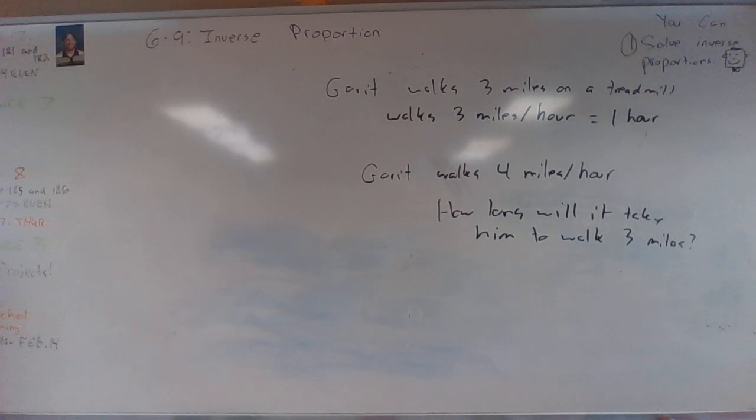So this is an inverse proportion. As he walks faster, that's moving up. The time it's going to take him to walk the exact same distance is going to go down, right? If you're walking 3 miles at 3 miles an hour, it takes you an hour, and now you pick up your pace to 4 miles an hour and walk 3 miles.